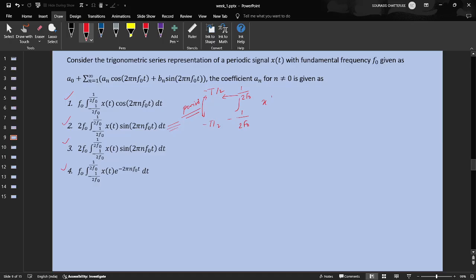So we have x(t) cos, sorry, I will start with sine, let's say, sine 2 pi n f naught t dt. So let me expand x(t) here.